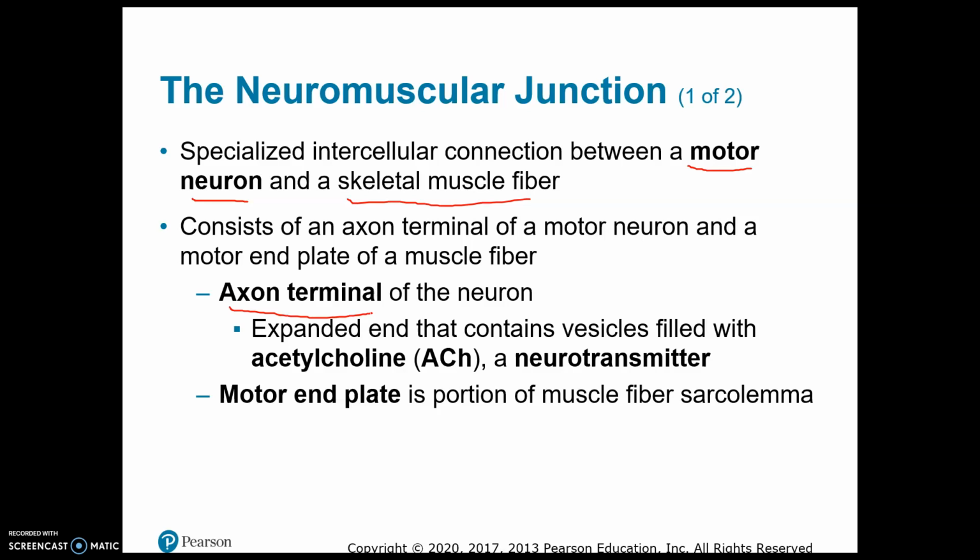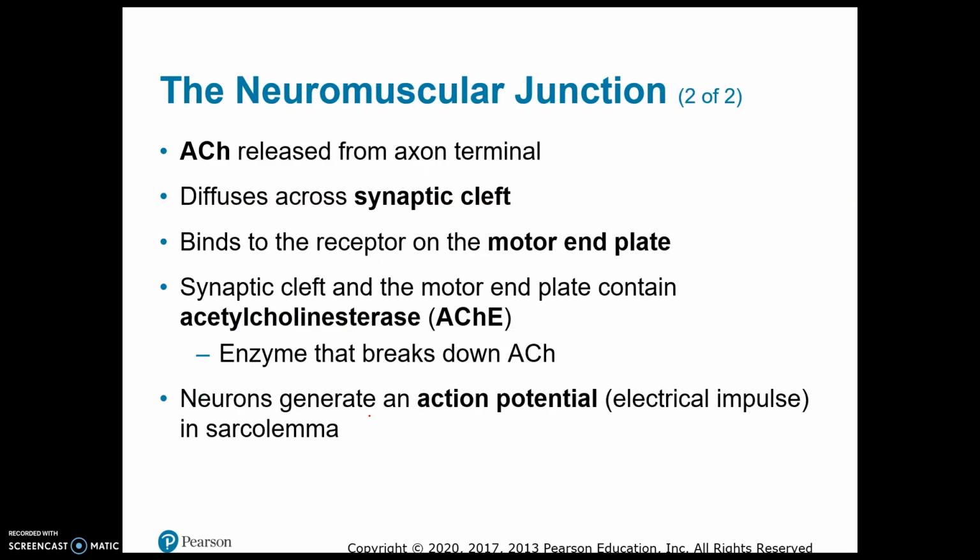In the axon terminal, we have vesicles that contain a neurotransmitter called ACH or acetylcholine, and that neurotransmitter is going to signal the muscle fiber to contract. The portion of the muscle fiber sarcolemma or plasma membrane that interacts with the axon terminal is called the motor end plate. So motor is referring to skeletal muscle.